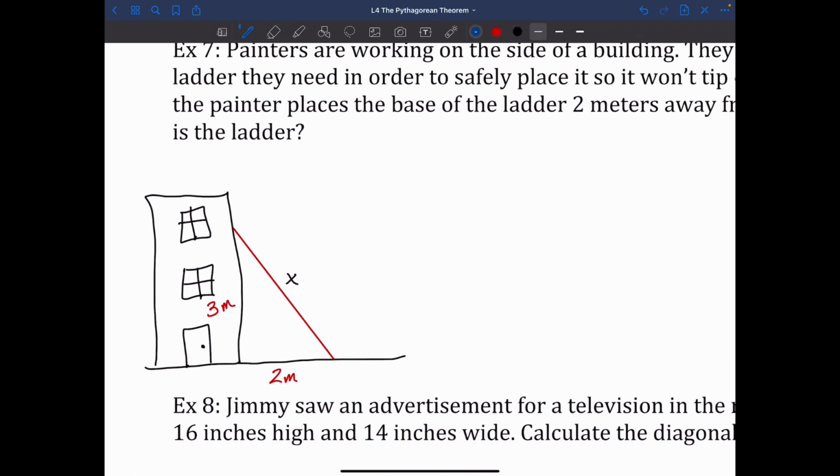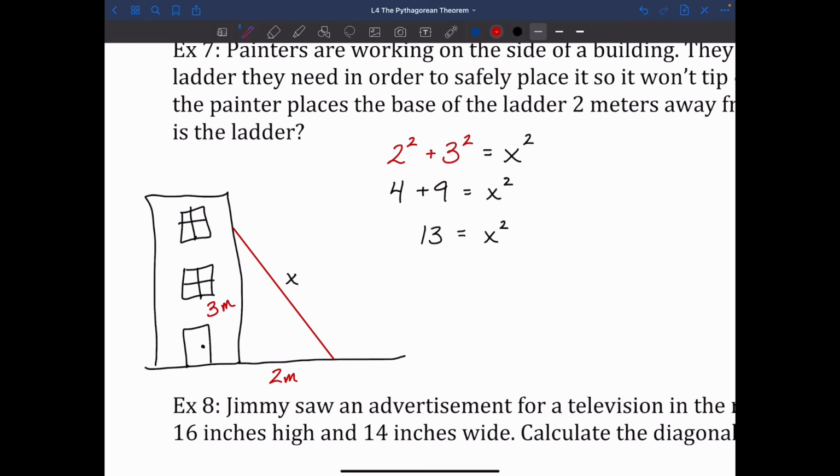All right, so same deal. I've got my Pythagorean theorem raring to go. I know that I've got legs of 2 squared and 3 squared. I'm going to set that up with that x squared on the other side. Same idea as what we were just doing for those other ones. If I simplify this down, 2 squared is 4, 3 squared is 9, 4 plus 9 is 13.